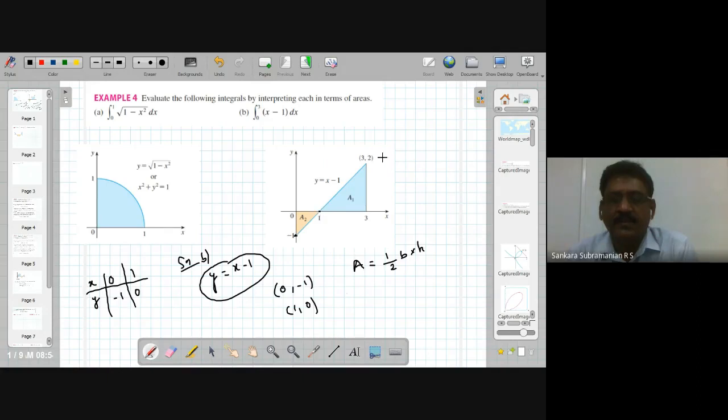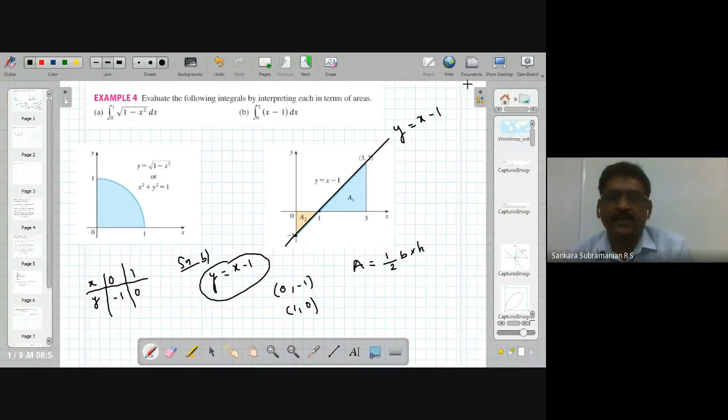Now take a ruler and draw a straight line connecting these 2 points. That will give you the straight line equation y is equal to x minus 1.